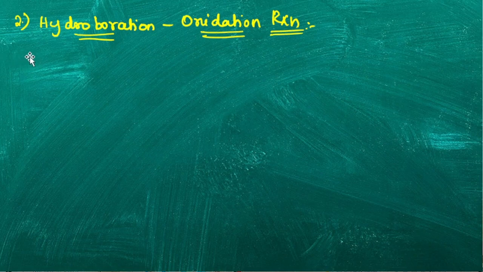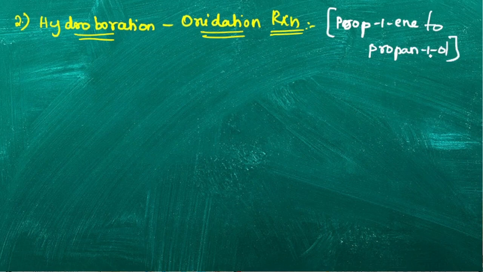First we are going to take propene, if you want to convert propene to propan-1-ol. Then this process you can use, hydroboration oxidation.